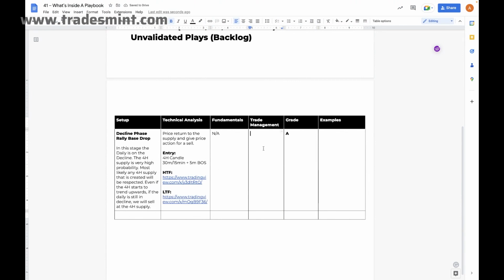And then trade management. So I've already entered the entry criteria, right? So what am I going to do? So my entry, I have the entry criteria, but am I going to enter 2 positions or 1 position, right? This is where you can list how you're going to enter.